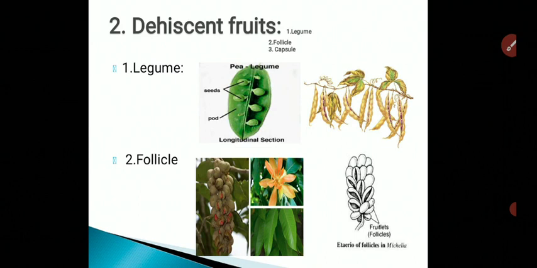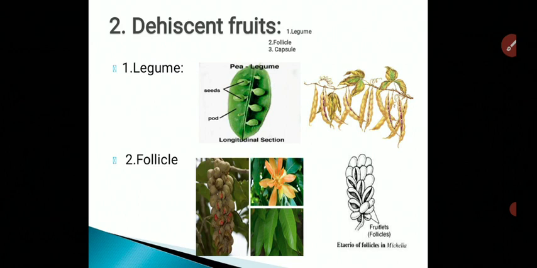A pea legume is given, which shows a breakage of the fruit wall along a longitudinal suture, from which we can see the seeds easily, or the seeds may get dispersed out of the fruit easily.